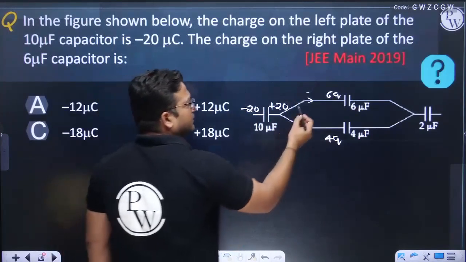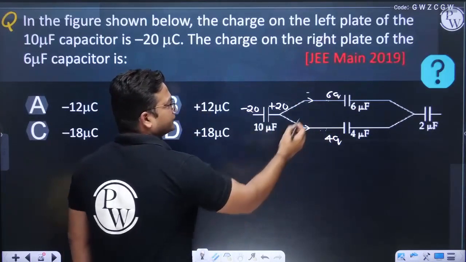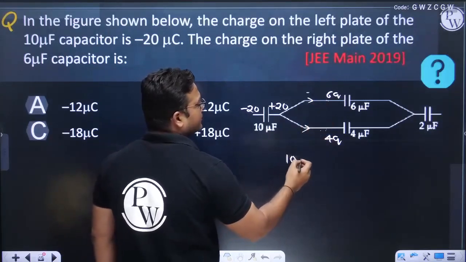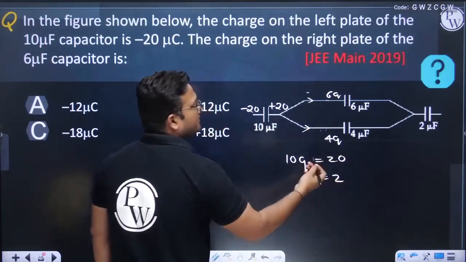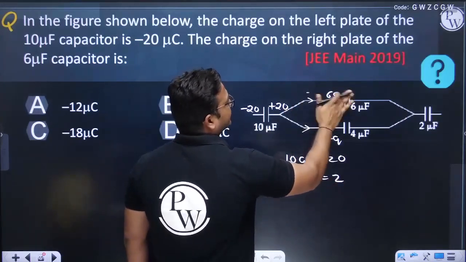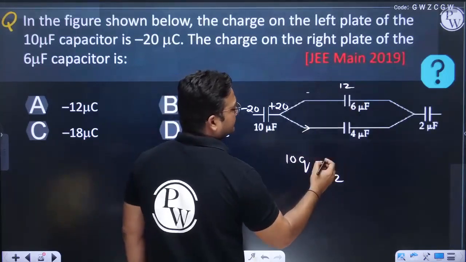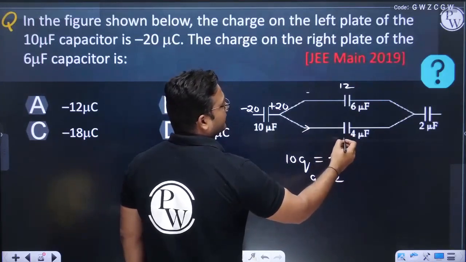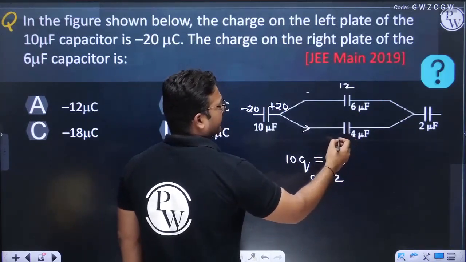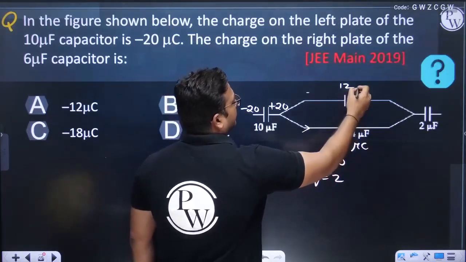Now the sum of these two charges is 20. So 6Q plus 4Q, that is 10Q, equals 20. So Q equals 2, meaning the charge 6Q is actually 12, and on 4 microfarad we have 4Q, that is 8 microcoulomb.